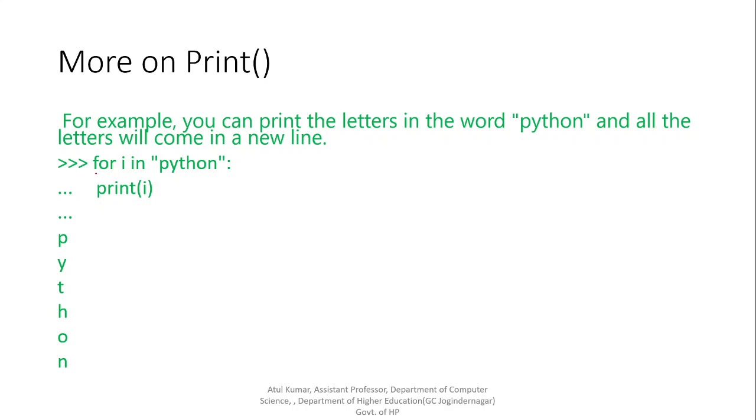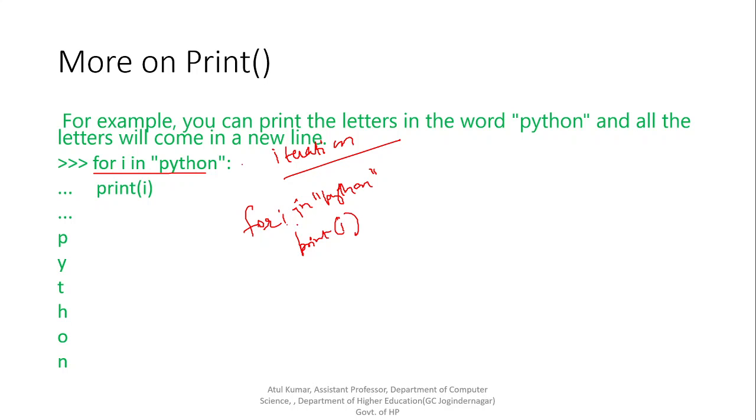For example, this is a for statement in Python. I am not going into detail about this statement, but it is used for iteration, as in any kind of language. So in this statement, for i in Python, next statement is print i. Firstly it will take the first character and then it will print.